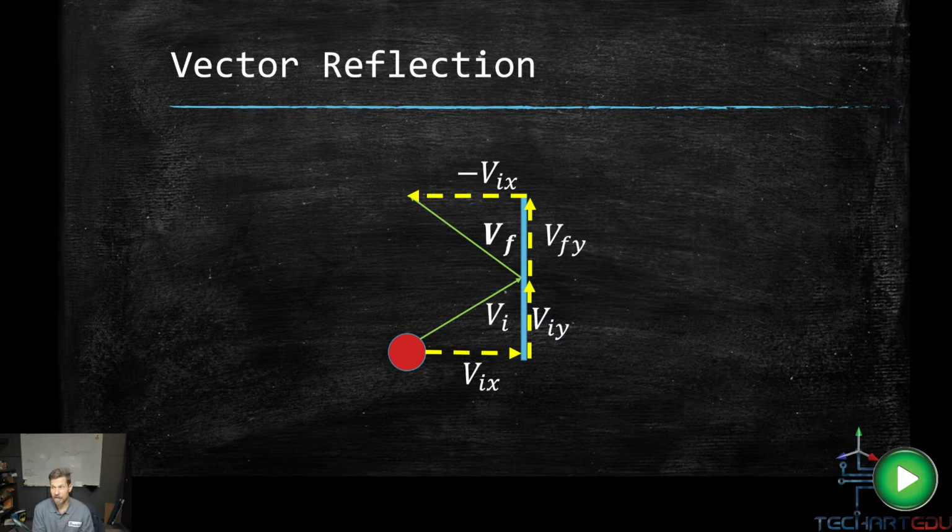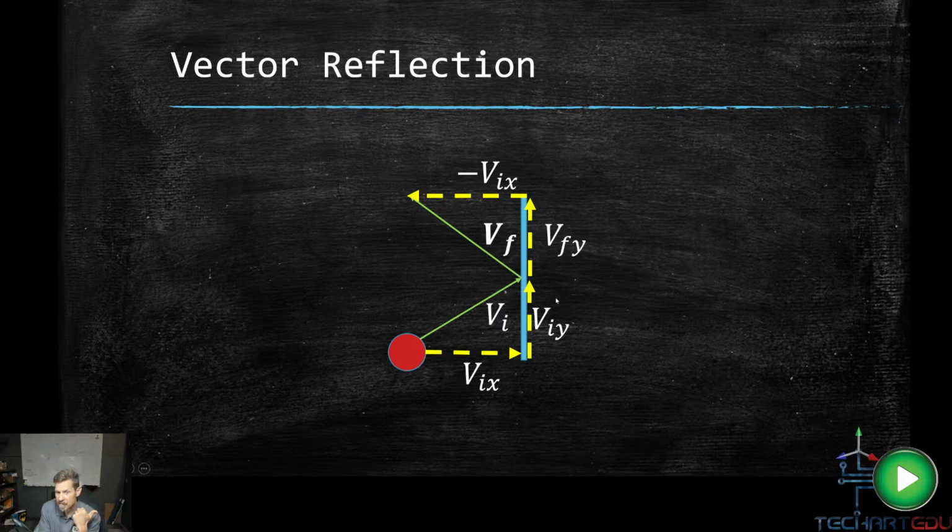And if we were to break the incoming velocity, we would have the incoming velocity of x going like this and the incoming velocity of y going up like that. Therefore, after it's reflected, the y velocity keeps going that way and stays the same. But the x direction goes in the opposite direction. So it goes and boogies off in the other direction.